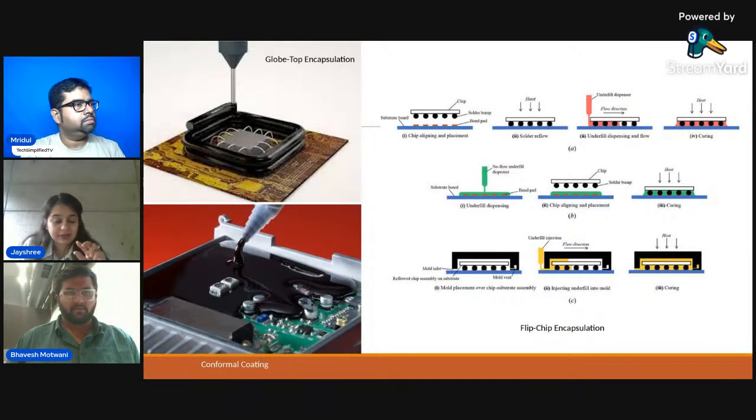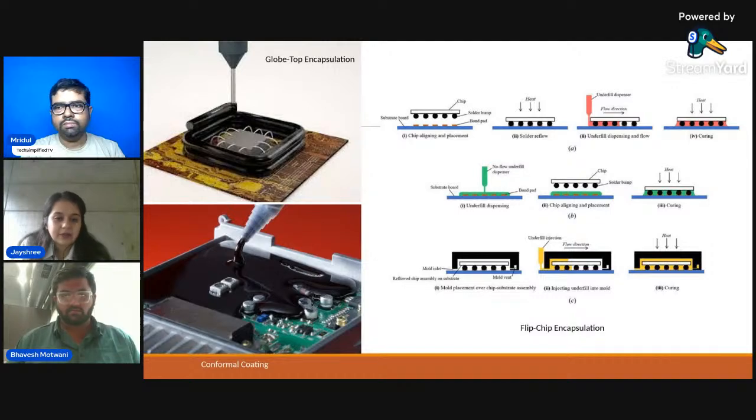After solidifying, the die and the chip are not exposed. The chip is completely separated from the environment and we can use it wherever we want.